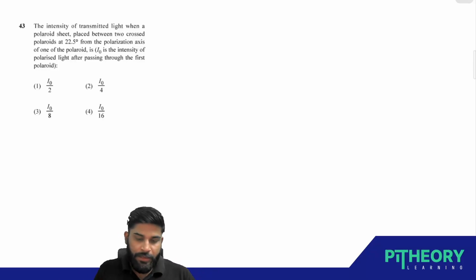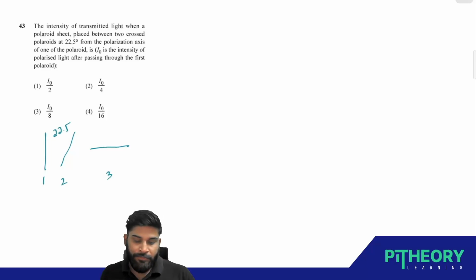Here we have two Polaroids which are crossed. The angle between these two is pi by 2, we are taking. Now you're placing in between one more Polaroid sheet such that with any one of them it is making 22.5. Let's take the first, second, and third. Between first and second, it is 22.5. Let's take that.